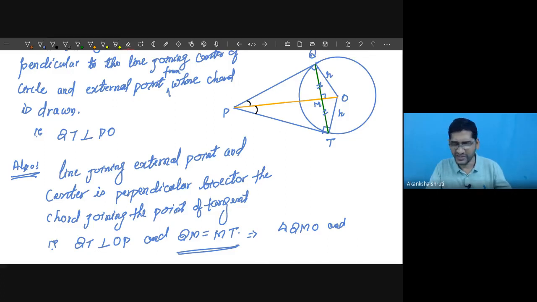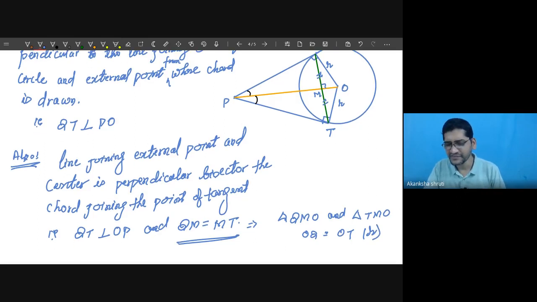Though this proof is rarely asked or even not asked, you must know it. In triangles QMO and TMO, we have both sides OQ equal to OT, both are radii.